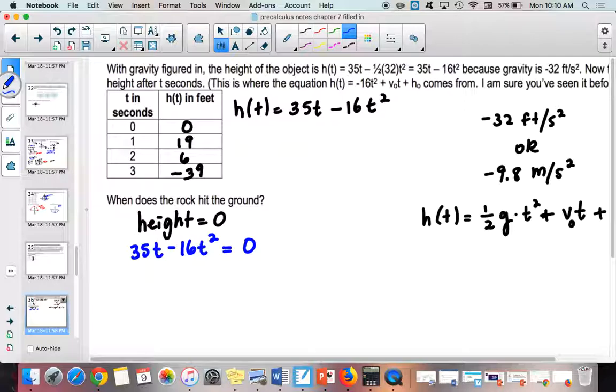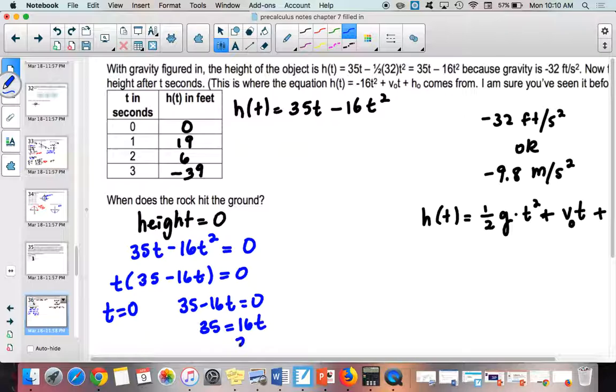This is actually a pretty easy one to solve because we have a common factor of t that I can pull to the front. So I'm going to pull a t to the front, and I'm going to have t times (35 minus 16t) equals 0. And I set both of them equal to 0. So if I set 35 minus 16t equal to 0 and solve, I get 35 over 16 equals t.